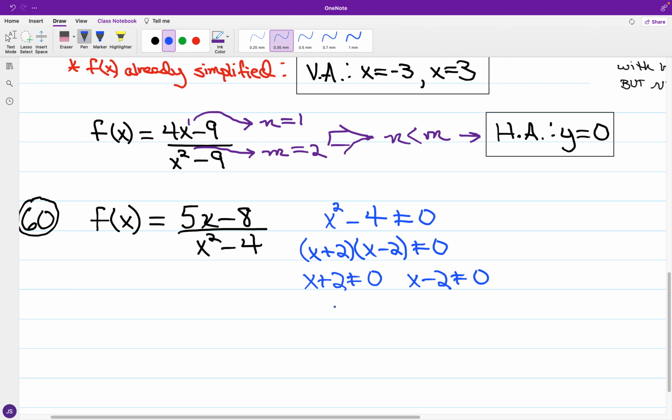So for x plus 2, if this cannot be 0, we have that x cannot be negative 2. If x minus 2 cannot be 0, we have that x cannot be equal to 2.